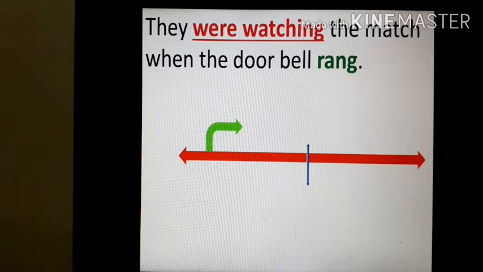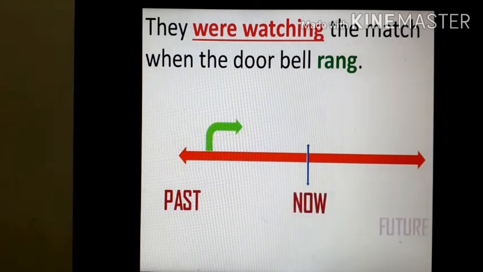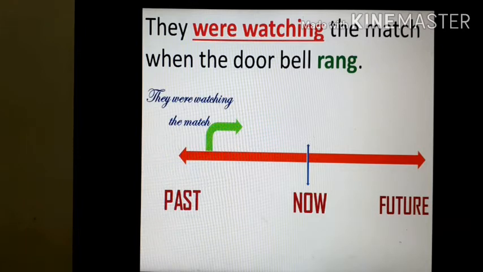We are going to put this sentence on a timeline. This side is past, in the middle is now, and on the other side is future. Our sentence says, they were watching the match. This shows an unfinished ongoing action in the past. So, they were in the middle of watching the match and something happened. The doorbell rang.